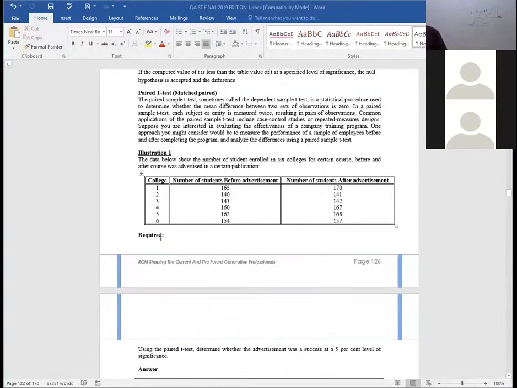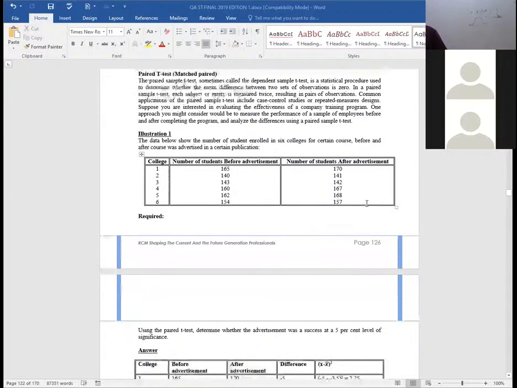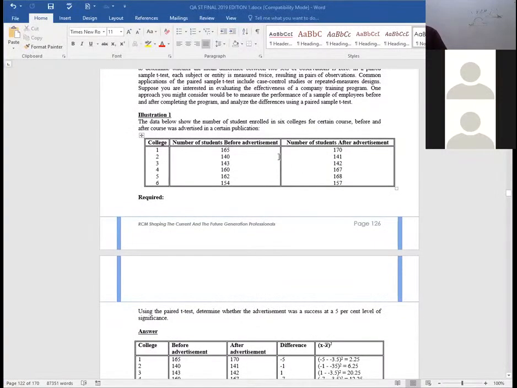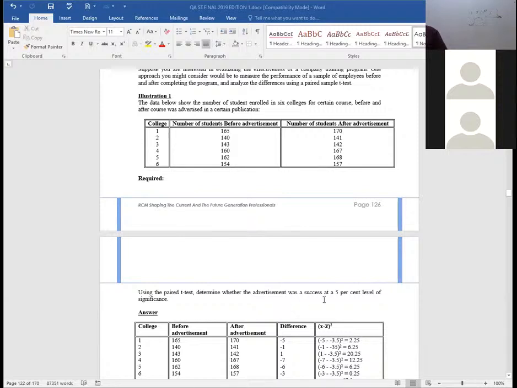So we have colleges 1 to 6, the number of students before advertisement, and the number of students after advertisement. We want to know whether the advertisement was effective or not. Using the paired t-test, determine whether the advertisement was a success at 5% level of significance.